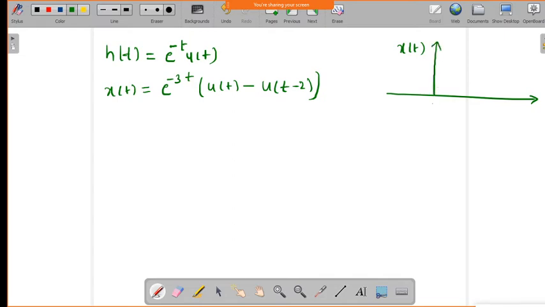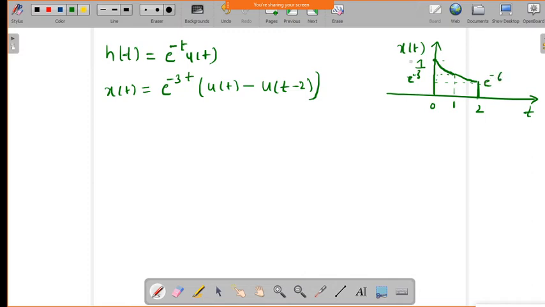If you take t equal to 1, it will be e power minus 3. And similarly when t equal to 2, it will become e power minus 6, and this is the value 1 and this is the value 2. So only up to 2 it will exist. So this will be e power minus 6.